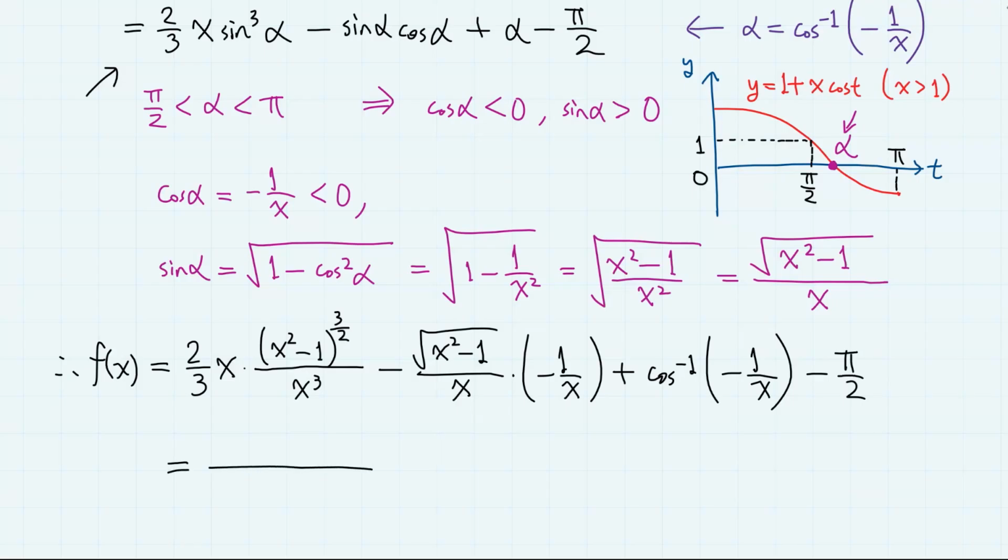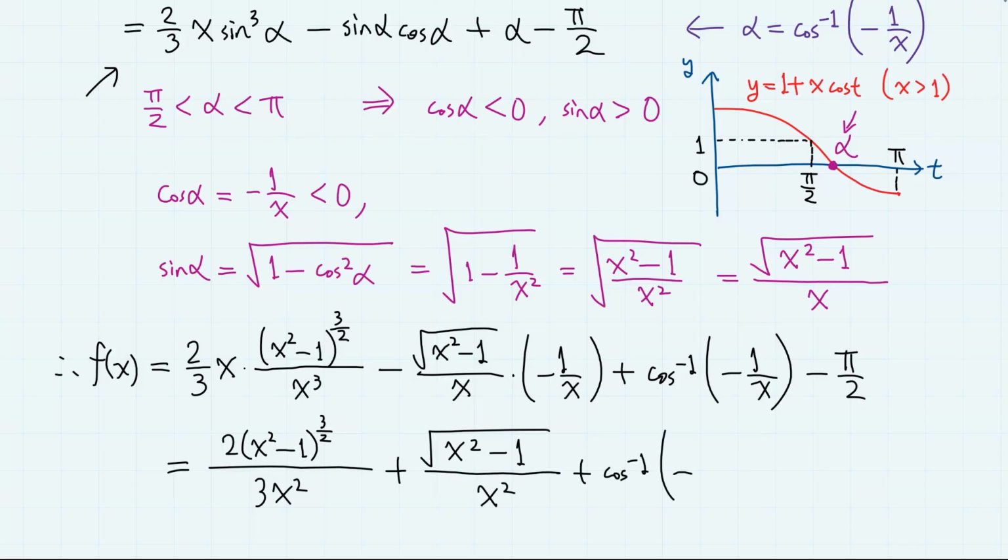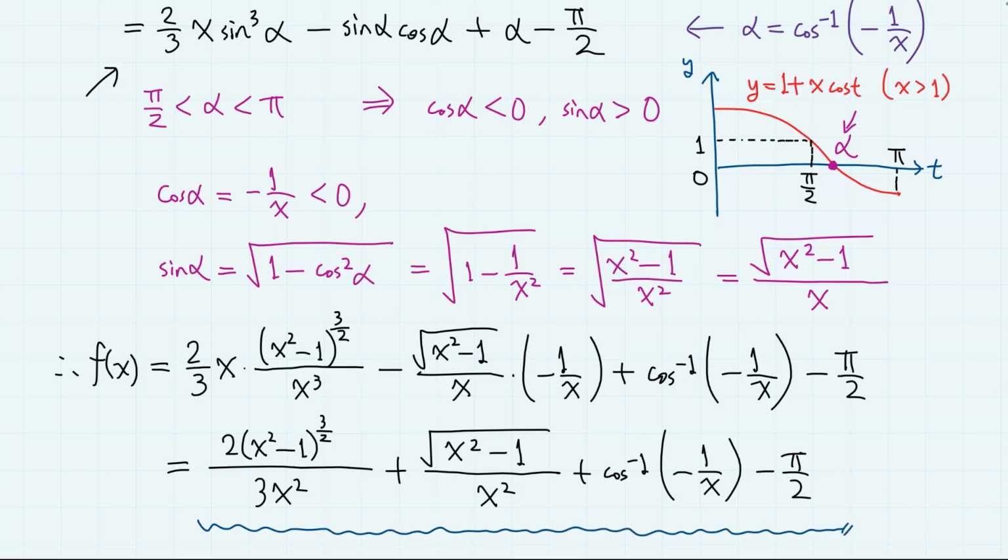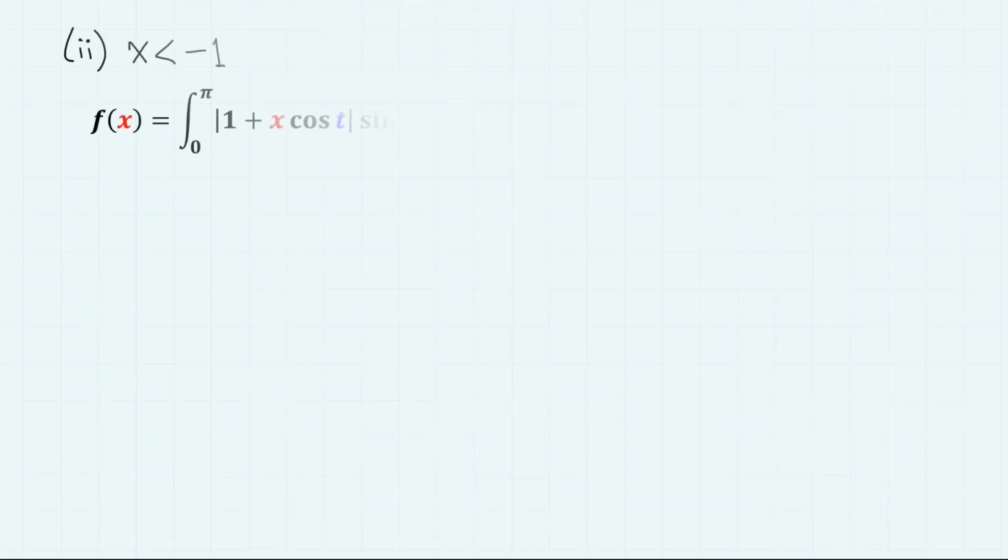We can write this as 2 times (x squared minus 1) to the power of 3 over 2 divided by 3x squared, then plus square root of x squared minus 1 divided by x squared, and the rest is the same. Inverse cosine of minus 1 over x minus pi over 2. This is the expression without the integral, or rather the result of the integral, on x greater than 1.